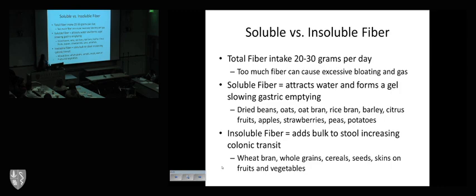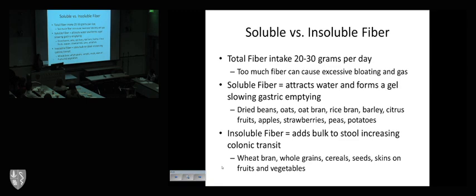So soluble fiber, think of it as glue. It attracts water and forms a gel, so it can slow gastric emptying. But also, if someone has the type 6 or 7 stools, the more loose stools, you want to use soluble fiber to help bulk the stools and keep the liquid together. So some of the foods you can see are dried beans, oat bran, rice bran, apple, strawberry.